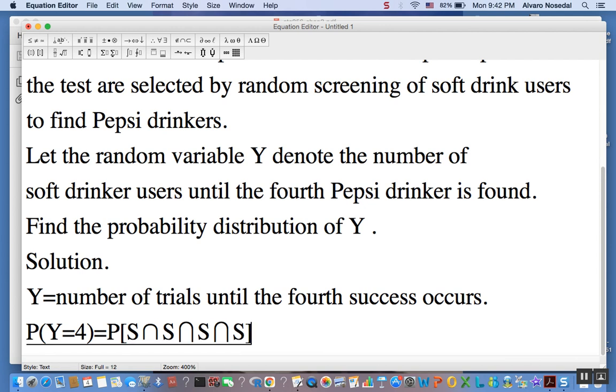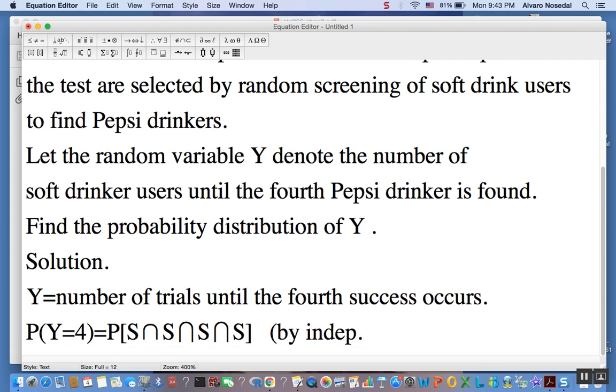Okay, now again, going back to the description of our random experiment and assumptions, an important assumption is that of independence. So we're assuming that we have independence.